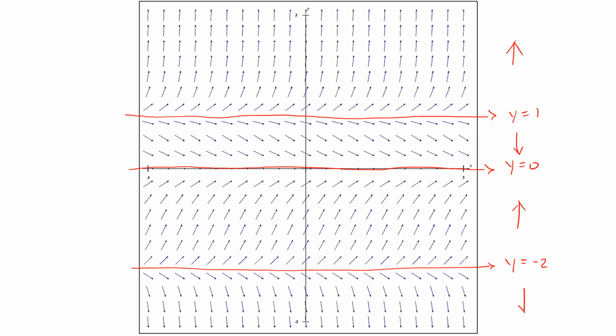And then here we have the solutions moving away from -2. So it's showing what the solutions are doing in each segment of our directional fields graph. Okay, so that's how we can use phase portraits to show us what the solutions are doing between our critical points and equilibrium points.